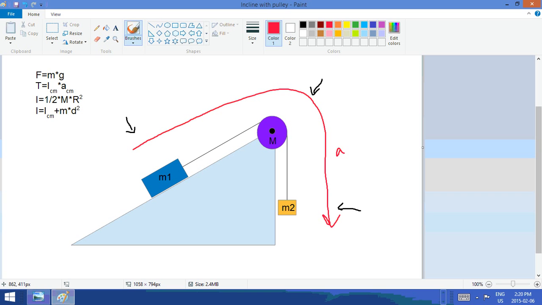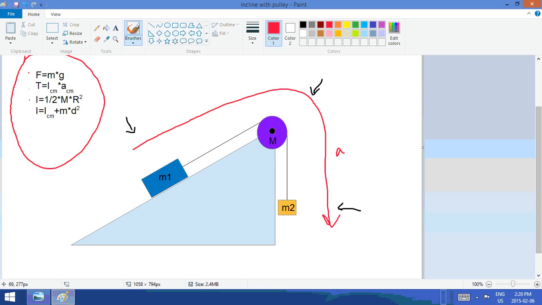So we put here the equations to remember, which is basically force equals mass times gravity, and we have also the torque equals I_CM times the angular acceleration, which is the inertia of the disk times the angular acceleration.